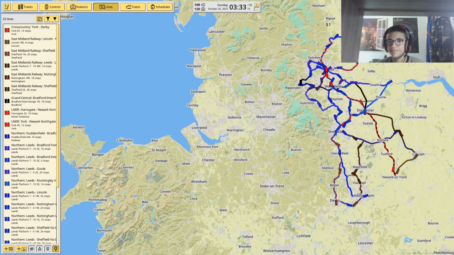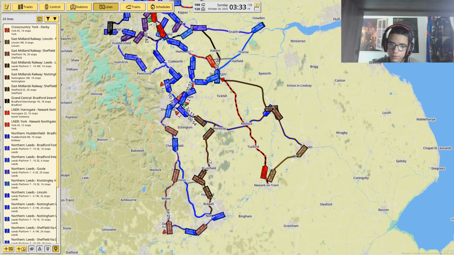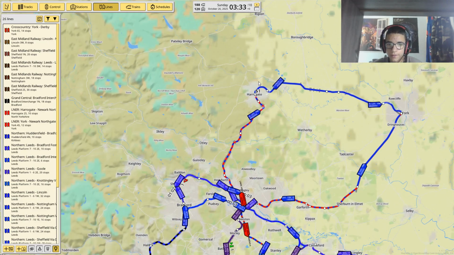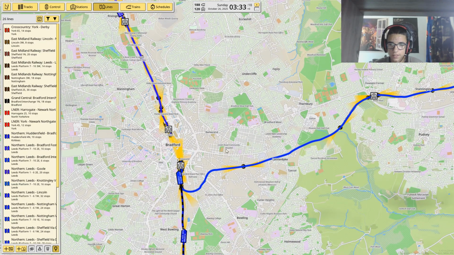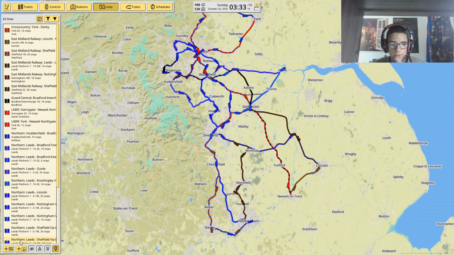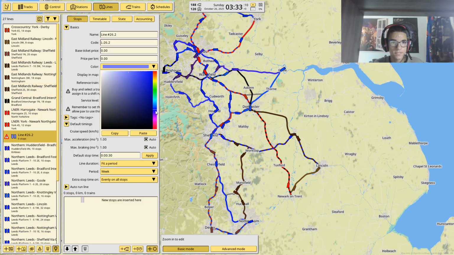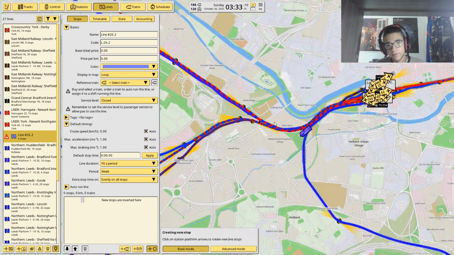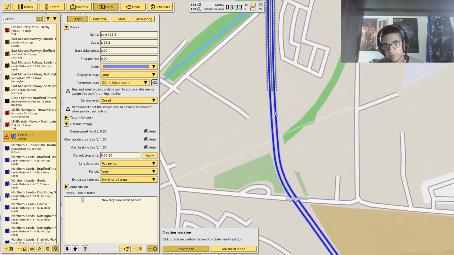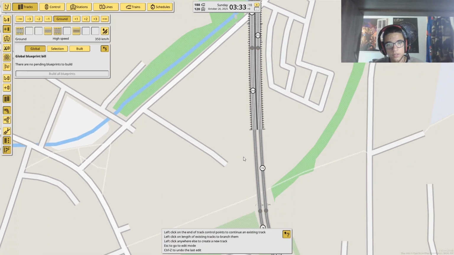I'm going to do Mansfield to, should I do Bradford Interchange? I'll do Bradford Interchange to Mansfield. So, right, okay, we're just going to colour this in. We're also going to have to avoid Leeds, so we'll have to build another bit there that goes around and avoids Leeds, so it doesn't cause any further congestion.